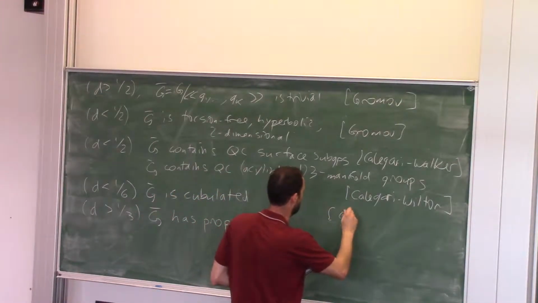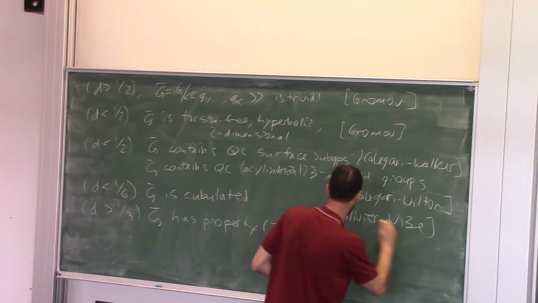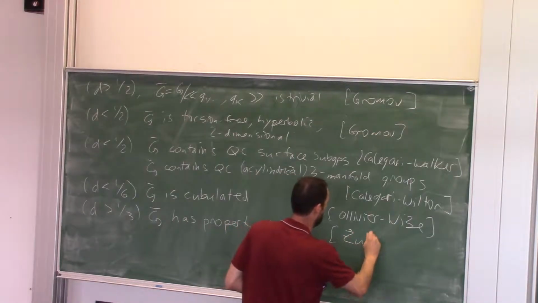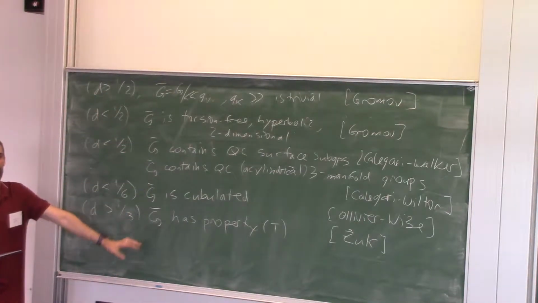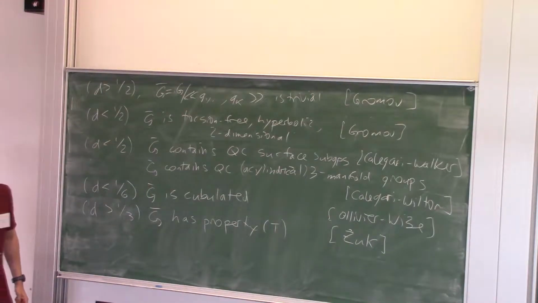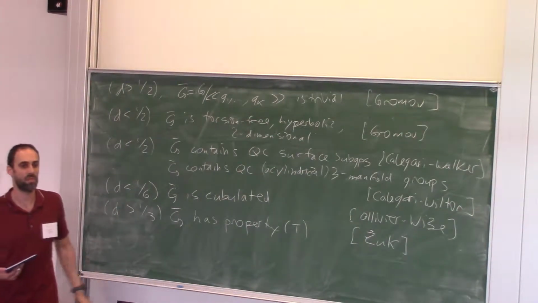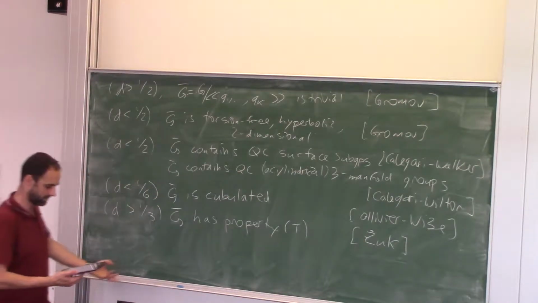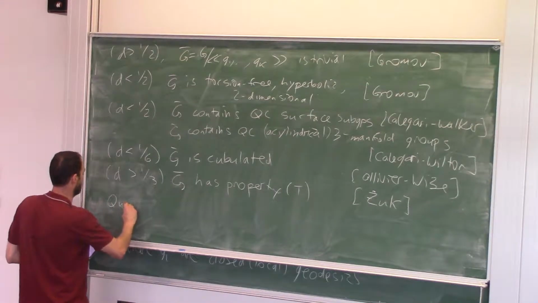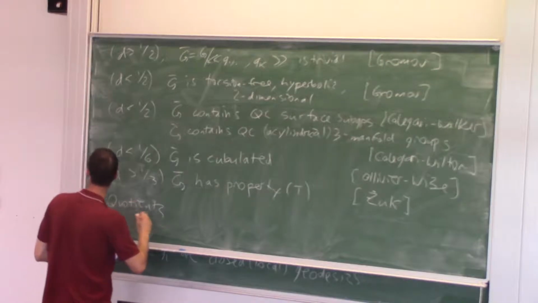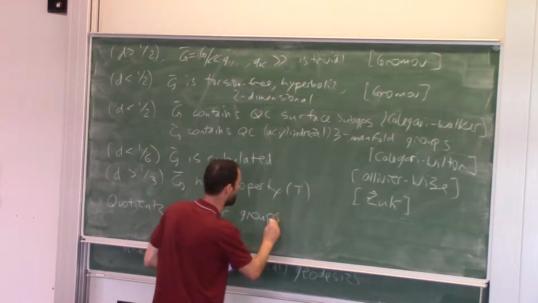This is due to Wise, and this is, okay. So lots and lots of nice properties for random quotients of groups. Not so many people have studied random quotients of other groups, and that's sort of where our work is. So, other groups.